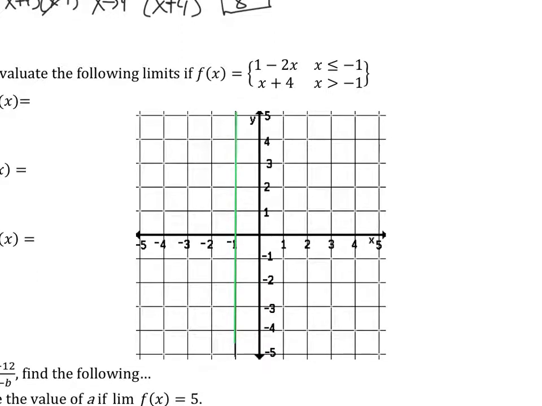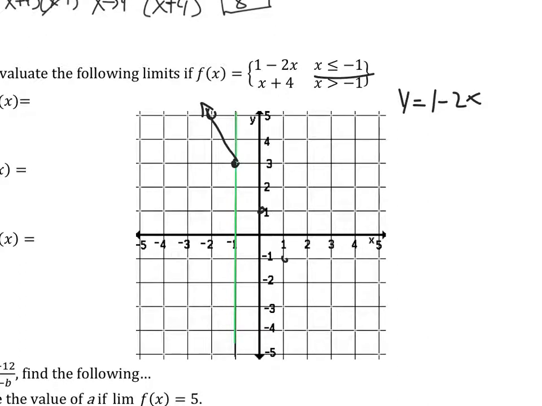So here we have two lines. We've got the line y equals 1 minus 2x. That's a y-intercept of 1 and a slope of -2, so going down. And this is for everything that's to the left of -1, and it's including -1. So it would be this part. That's what we want, and it's going on forever up there.